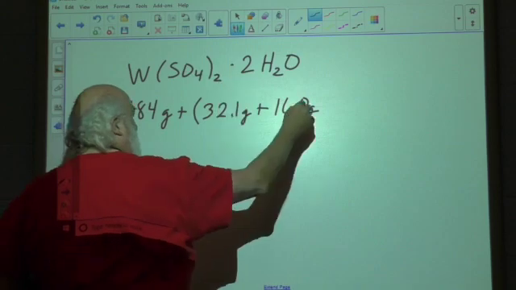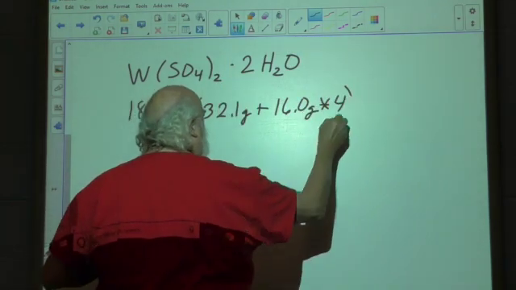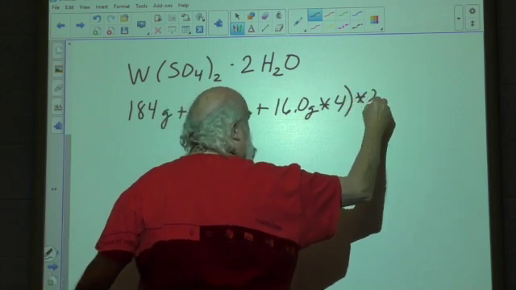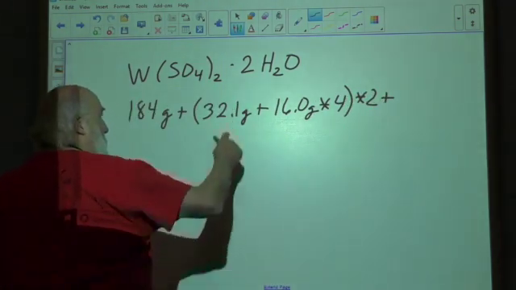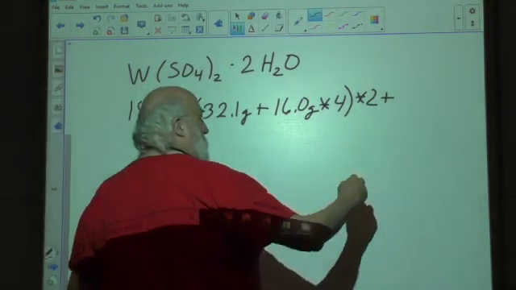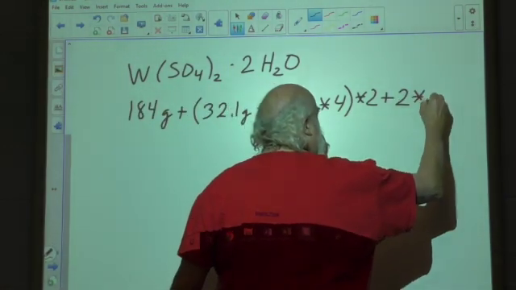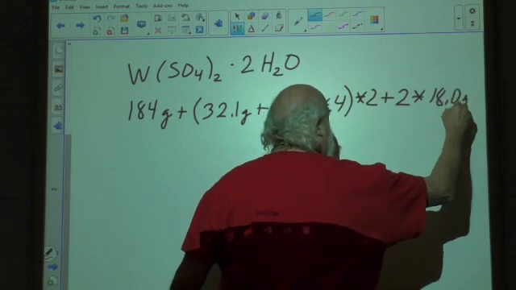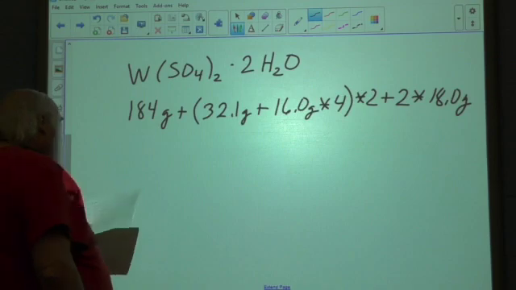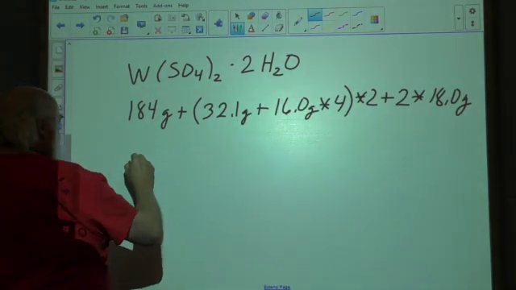And we got 4 of them, so we put times 4. And then that whole parenthesis here is doubled. Plus, and that's what the dot means, plus 2 waters. So 2 times 18.0 grams. We add all that together and we get 412 grams.